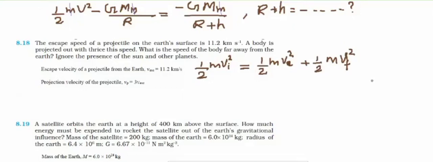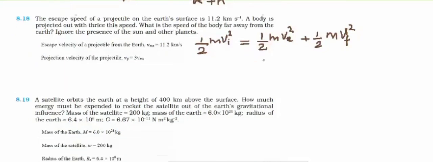So you will get an equation. The total initial kinetic energy is equal to the kinetic energy to escape plus the final kinetic energy. Now you can simplify the equation. All half m's are cancelled there. So you will get vi square is equal to v square plus vf square.